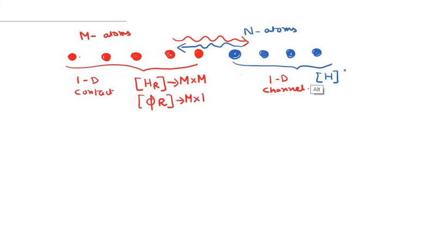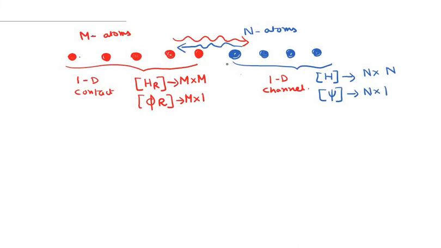And this Hamiltonian H is basically again an n cross n matrix. And let us say that the wave function inside this channel is given by a vector psi, which is again an n cross 1 matrix. Now we will basically form separate units.